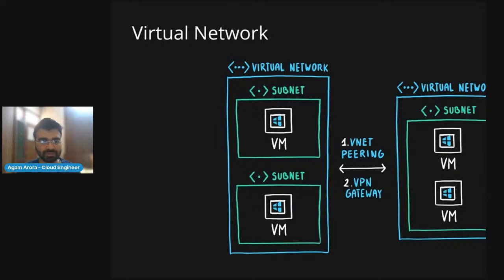So on-premises here refers to any third-party service or any service which is available outside the Azure environment, and it's a part of the company, but we need to connect that resource to Azure.